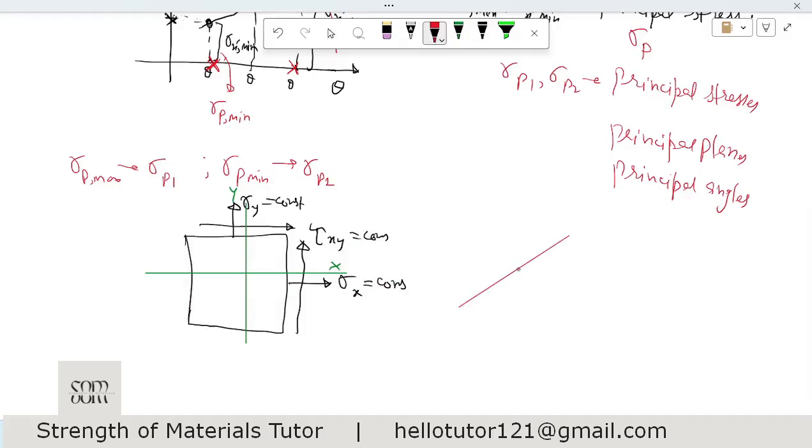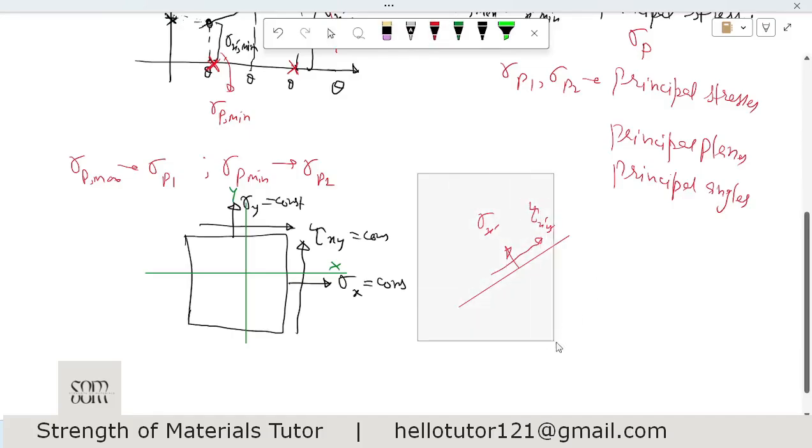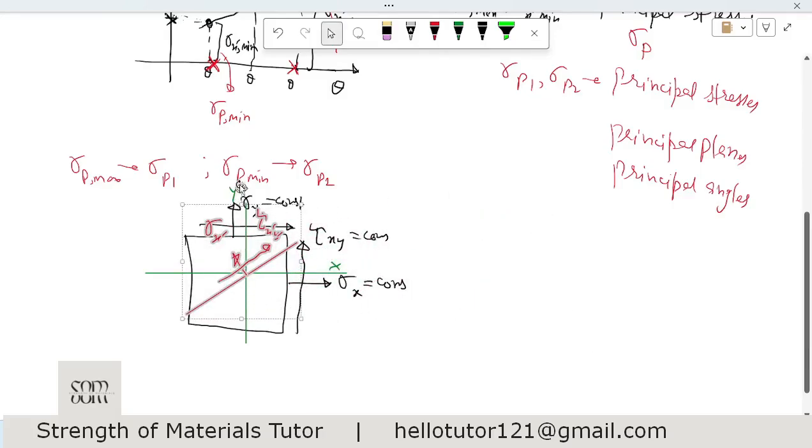Let us say this is sigma x prime, and let us say this is tau x prime y prime. So if this is the plane, and if we change the angle, it is going to rotate, right? So if we change the angle, what is going to happen? This sigma x prime and this tau x prime y prime will change.